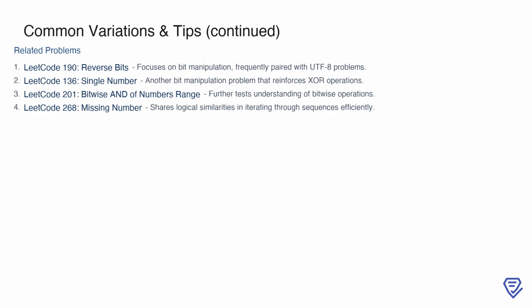LeetCode problem 201, Bitwise AND of Numbers Range, is another valuable exercise that tests your ability to apply bitwise operators effectively. Lastly, LeetCode problem 268, Missing Number, shares logical similarities in iterating through sequences efficiently. These problems are excellent practice to build fluency with the techniques required for UTF-8 validation and related challenges.